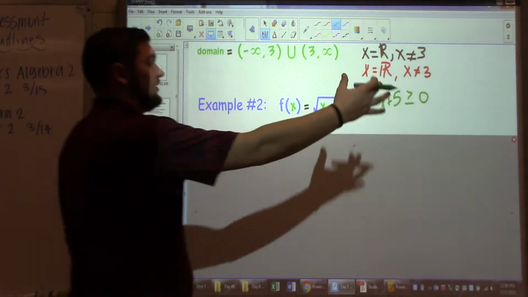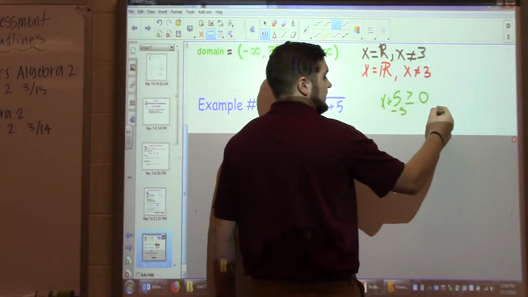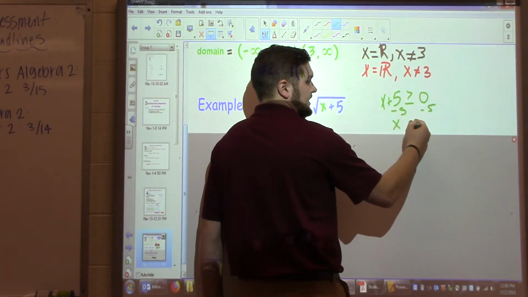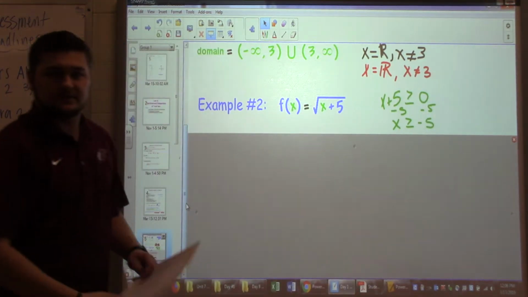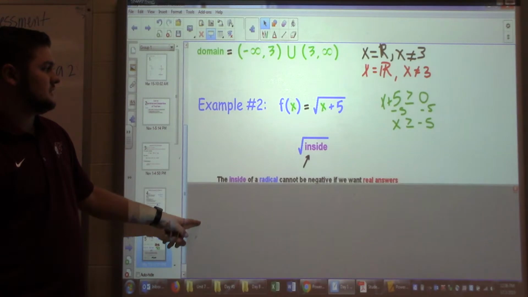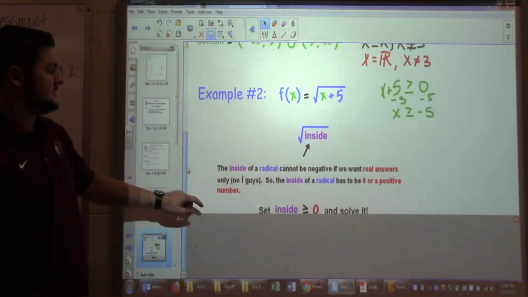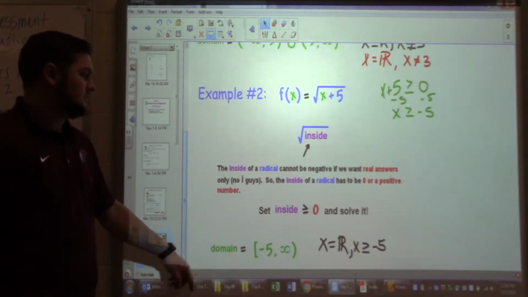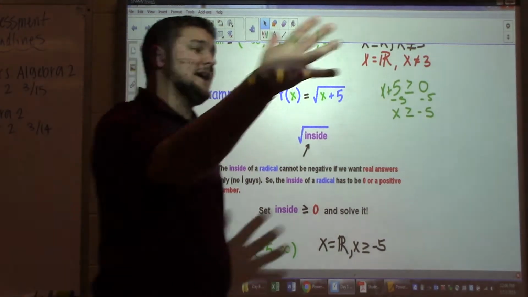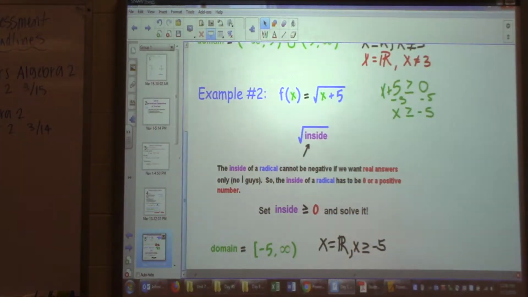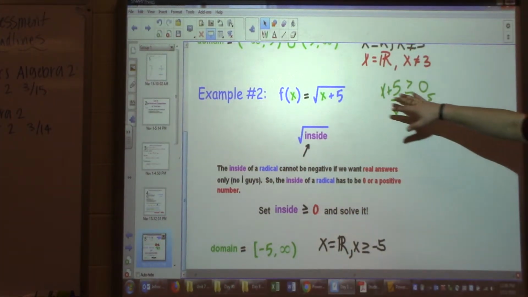So what I do is I solve for x. Minus 5, minus 5. X has to be greater than or equal to negative 5. Okay. They did the same thing I did. So you set the inside greater than or equal to 0, and then you solve it. Right? Because we want all positive answers. 0 and all positive answers. Now, what that's going to look like.